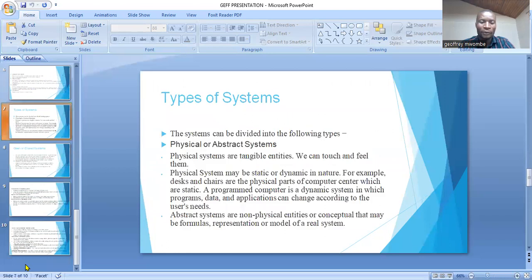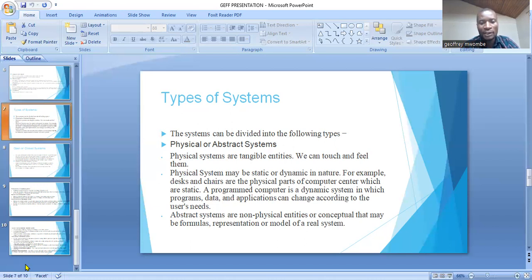Okay, and then we move to types of systems. We have several types of systems, and they are divided into the following. We have physical or abstract systems. Physical systems are tangible entities. We can touch and feel them.